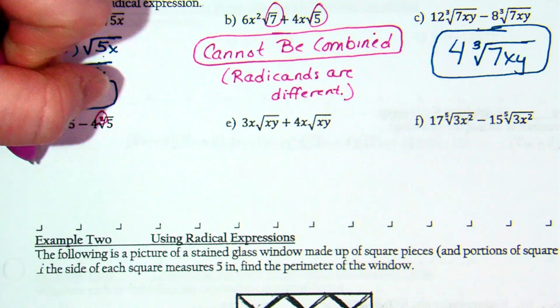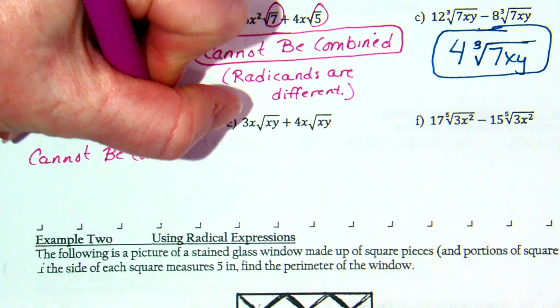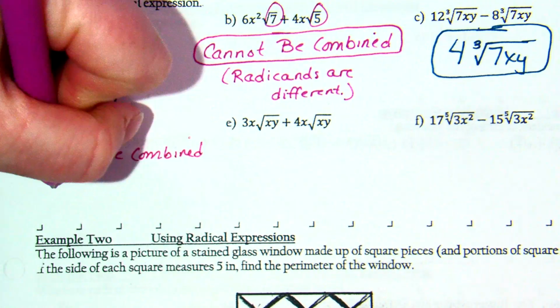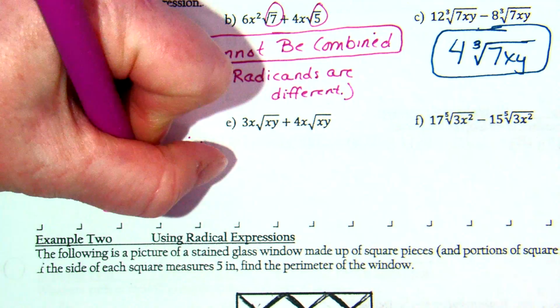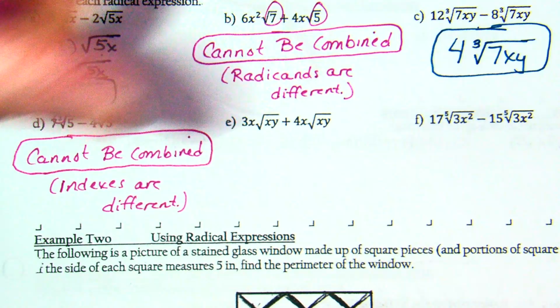They're different indexes. So again, I'm going to say cannot be combined. And in case you need to give a reason, it's because this time the indexes are different. They're not the same type of root, is what I'm saying.